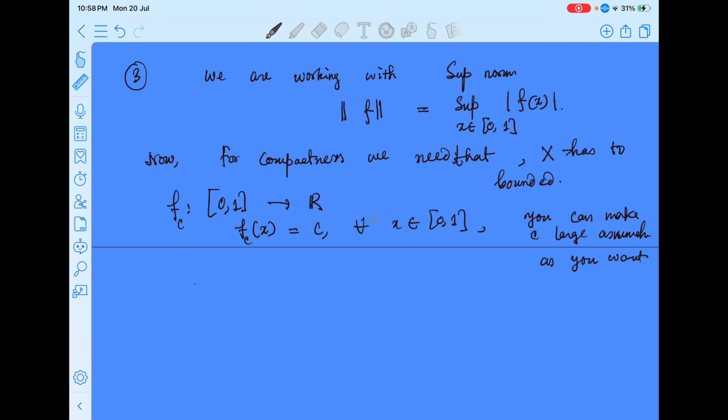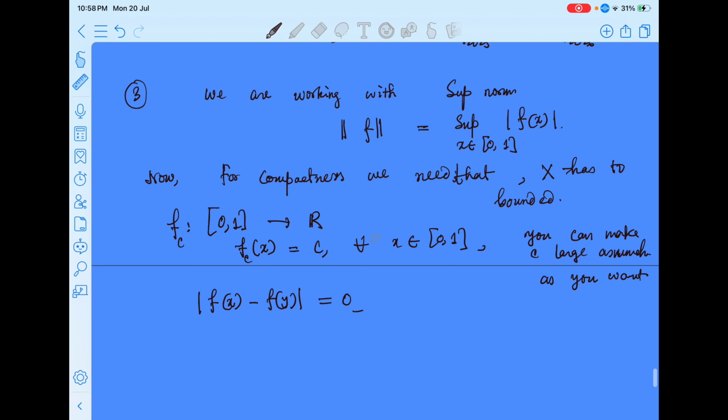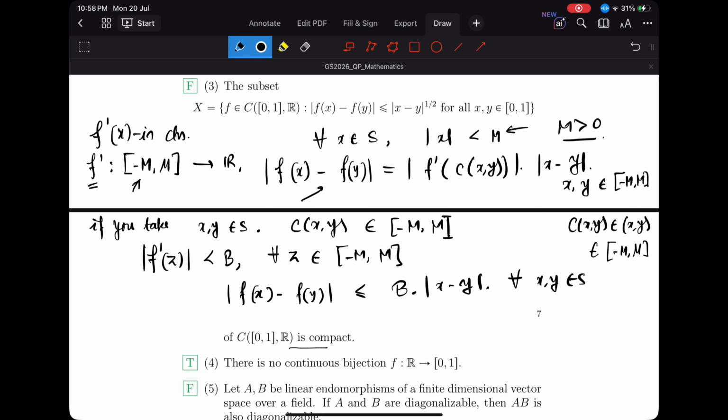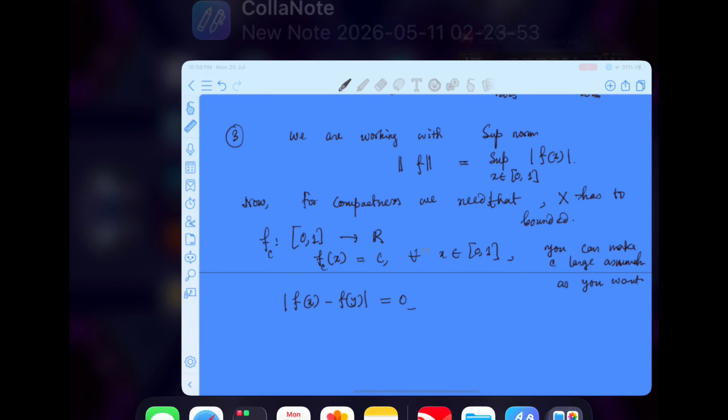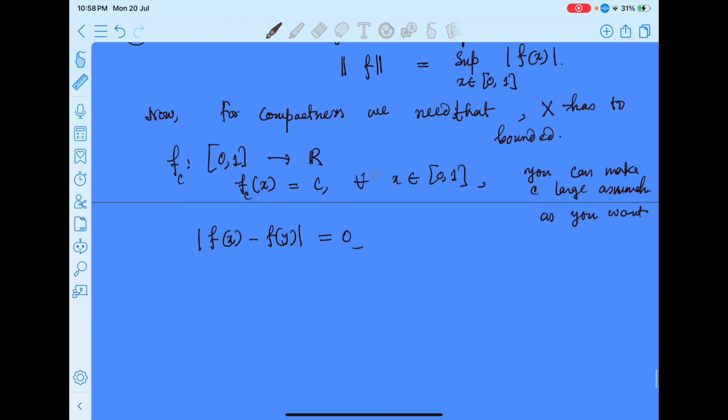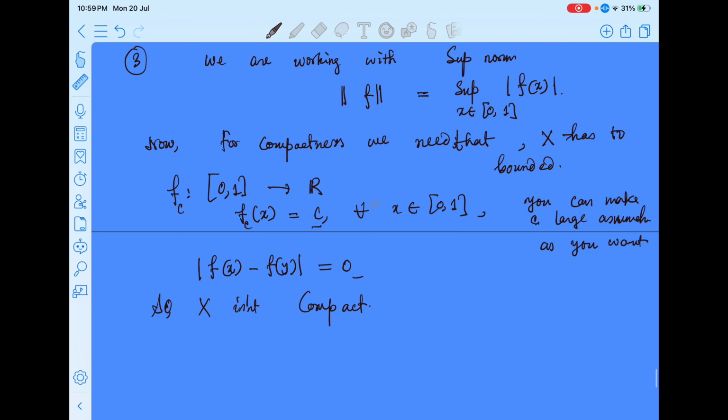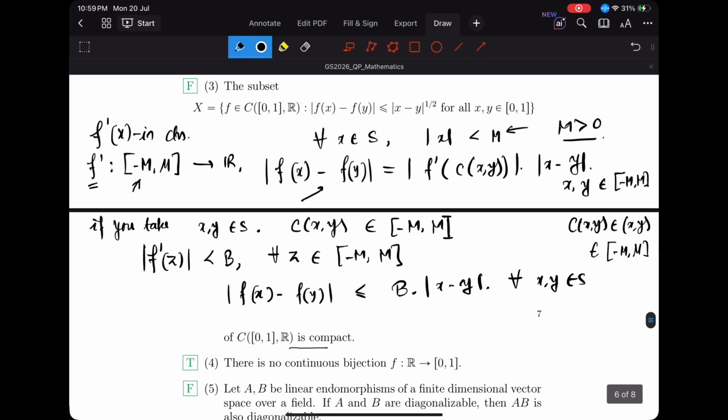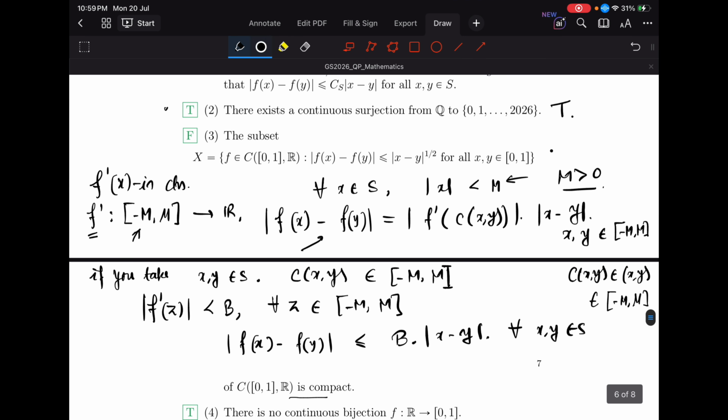The constant function clearly satisfies the condition, because f_c(x) - f_c(y) is just 0. But the set is not bounded, because you can make c as large as you want. So X is not compact. So this is false.